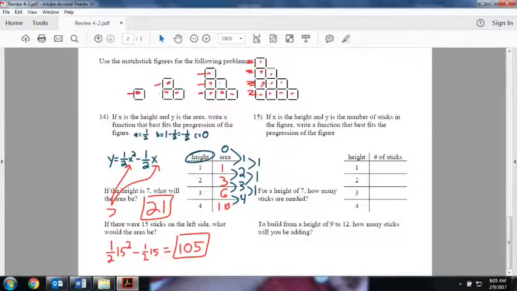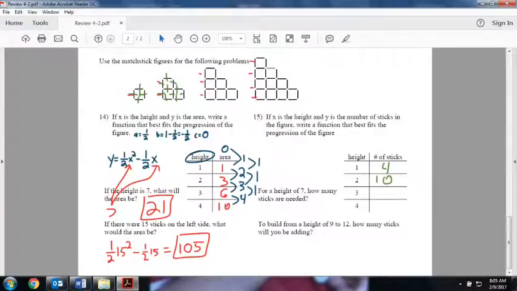Alright? And hopefully you paused it and we're back, but let's go ahead and do it now. If x is the height and y is the number of sticks in the figure, so we're still measuring height, but y is the number of sticks. So we still have 1, 2, 3, 4, but they want us to count the sticks. The first one has 4 sticks. The second one has 10 sticks.